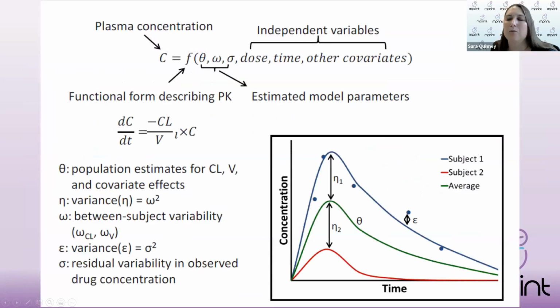This slide summarizes what we've talked about in the previous slides: the population pharmacokinetic model will describe your plasma concentration profile as a function of your fixed effect or theta terms, your clearance, volume, and other covariates, with residual variability and between subject variabilities, the random effect terms, as a function of dose and time, and can incorporate other covariates.